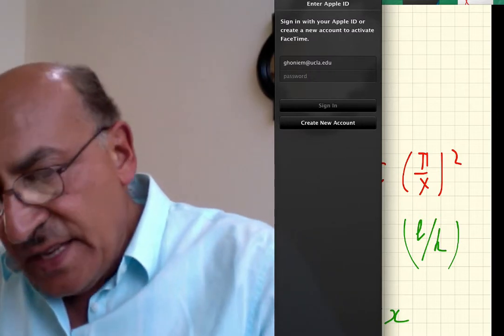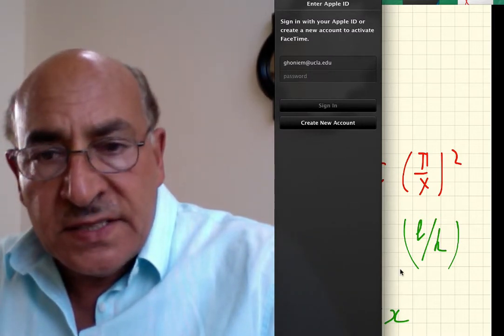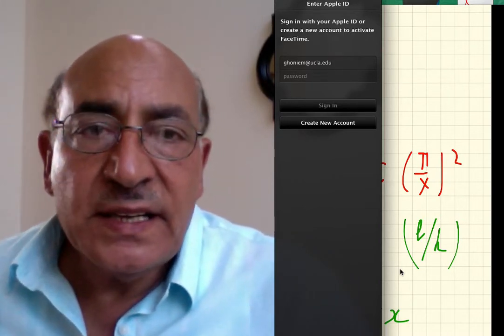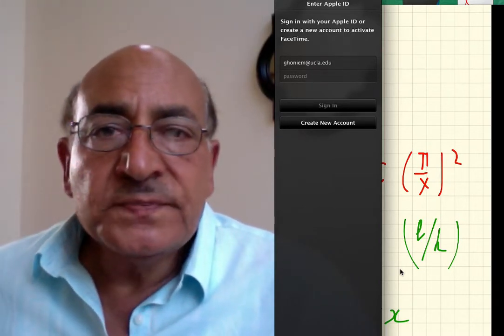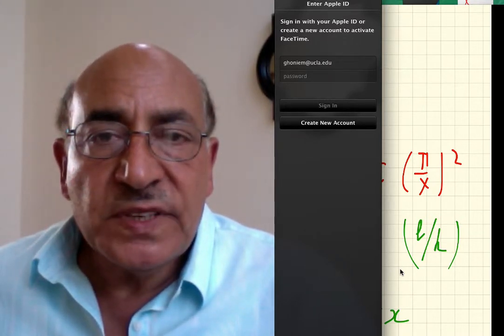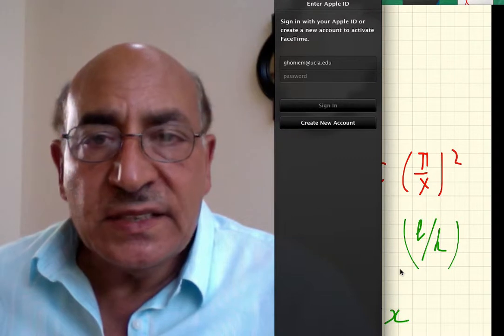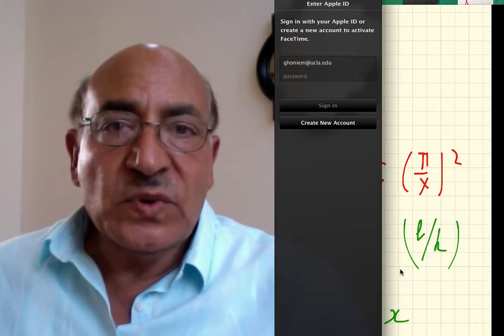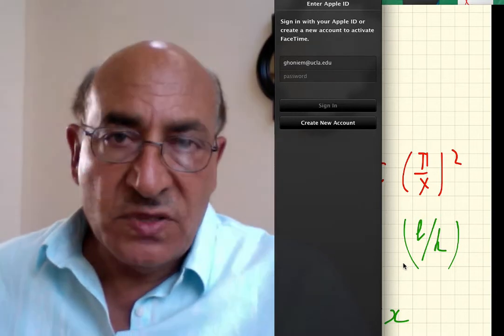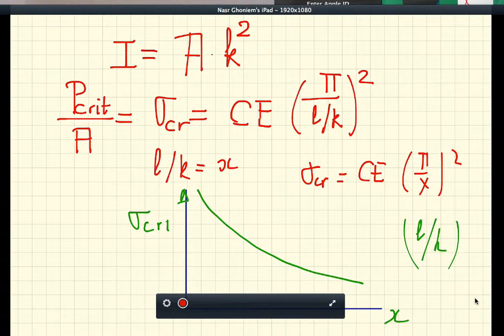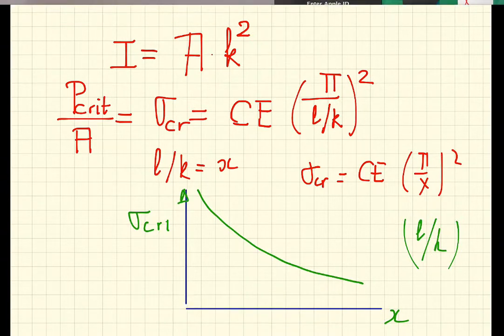So X now is the slenderness ratio, and there has to be a limit on how slender the column is going to be before it actually yields. So it can yield or buckle depending on whether the critical stress is above or below the yield point.